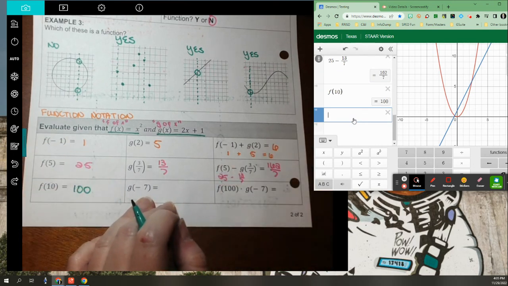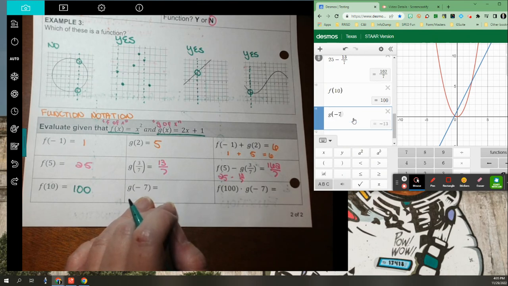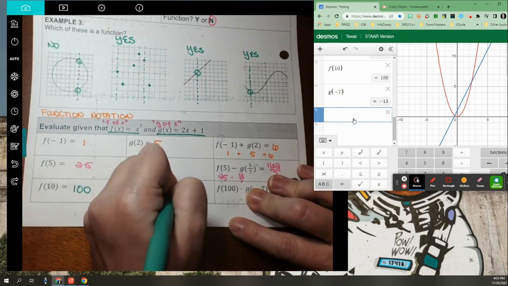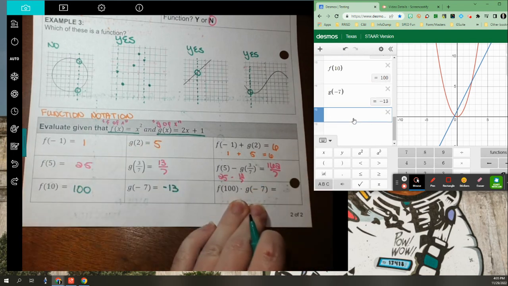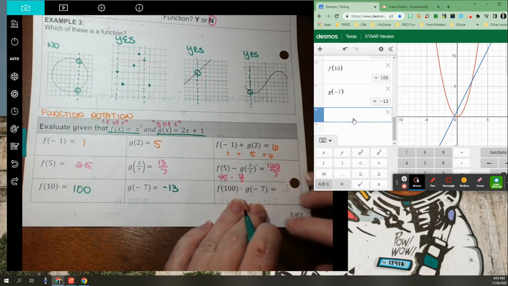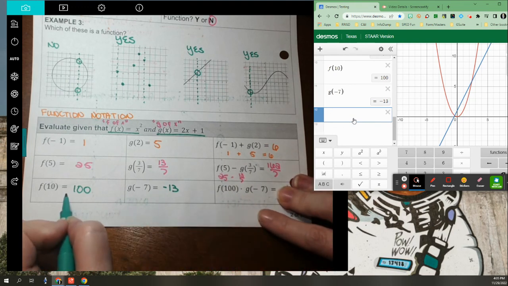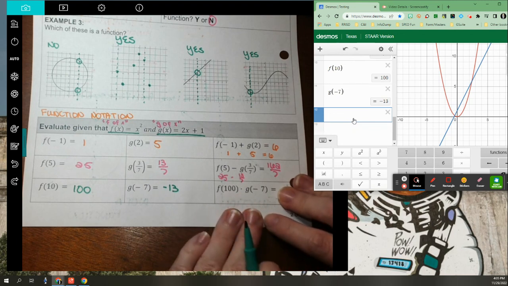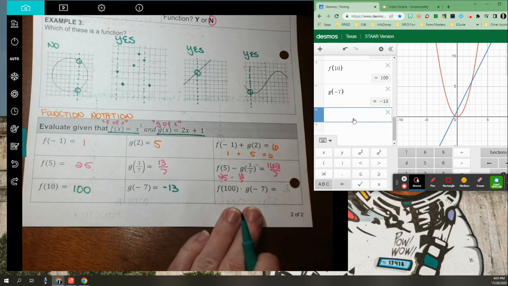G of negative 7 is negative 13. Uh-oh, she changed it up here. Miss McNabb may have been a little bit tired when she was doing this and accidentally made a mistake and put an extra 0. But that's okay because we can do it and we can still get it right, and it is not tricky at all.